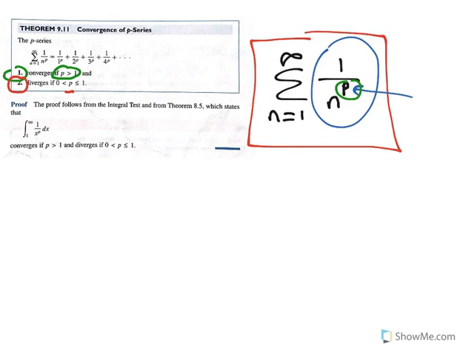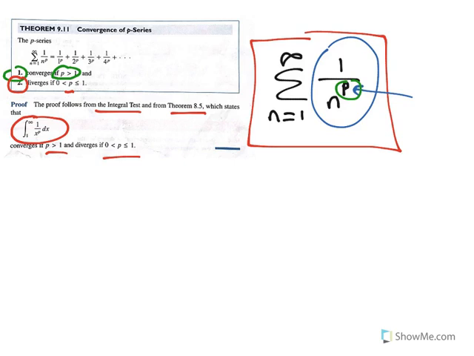So we remember that, and the proof relies on the integral test and the proof of Theorem 8.5, which states that if you have an improper integral of this form, it will converge if P is greater than 1 and diverge if P is greater than 0 but less than or equal to 1.